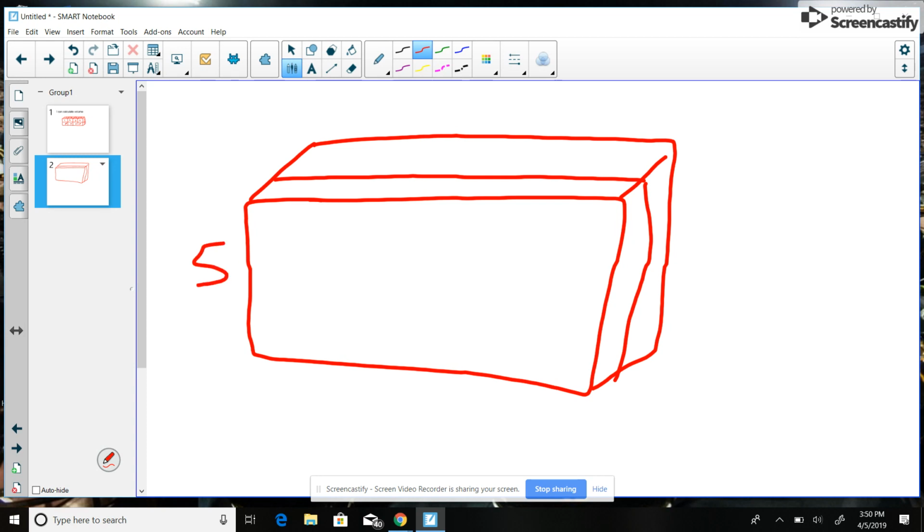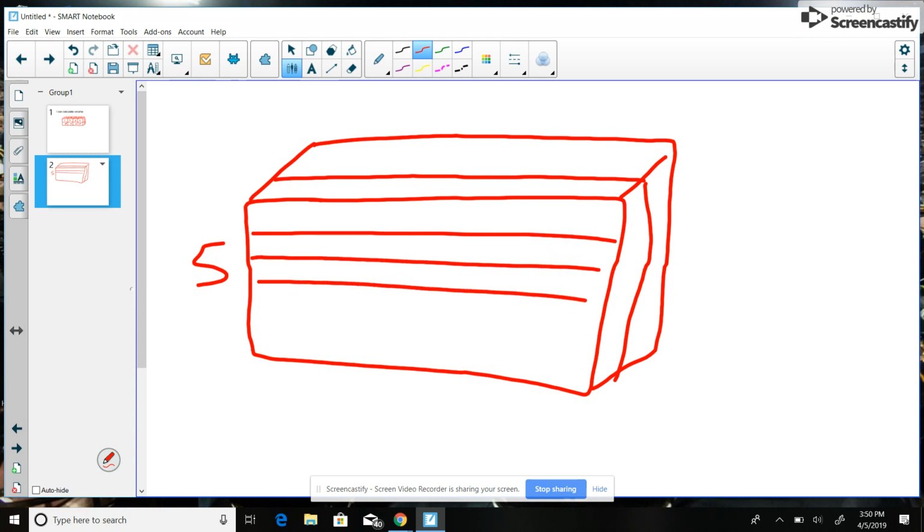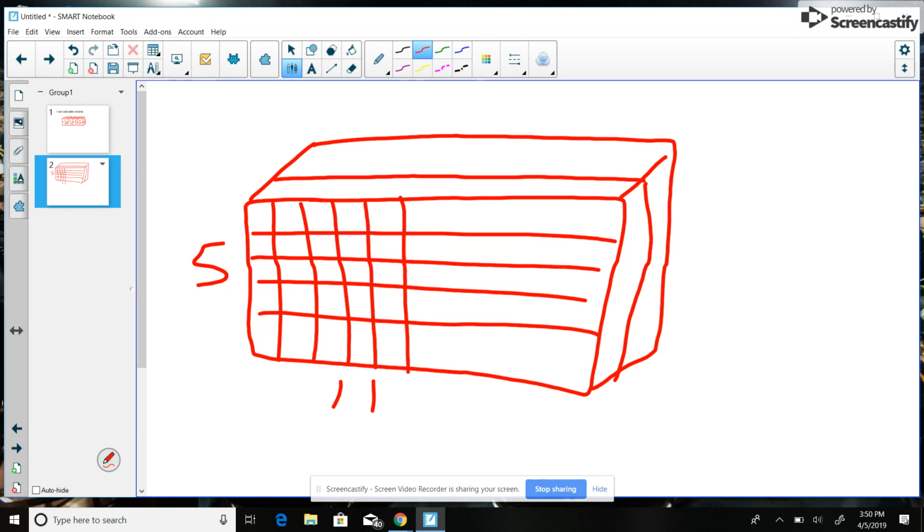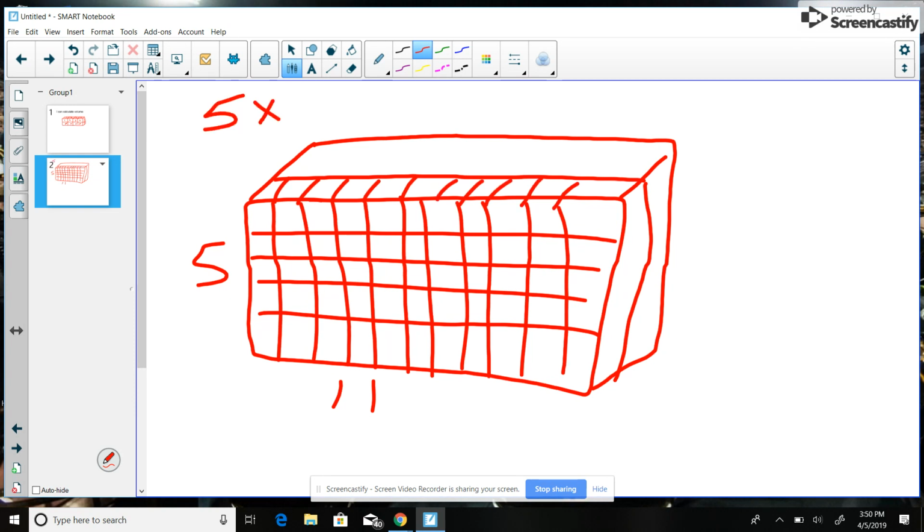For instance, let's say we have 5 rows here of 11 in each row. Then I know this first layer has 55 cubes because I know that 5 rows with 11 in each is 55.